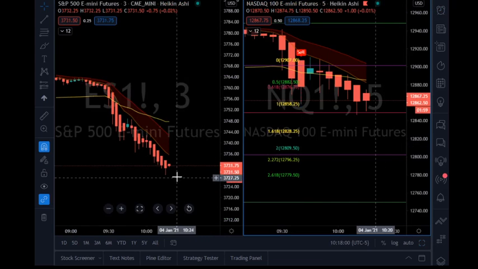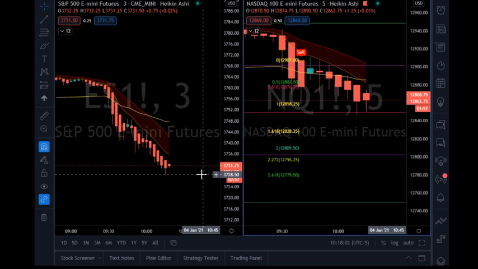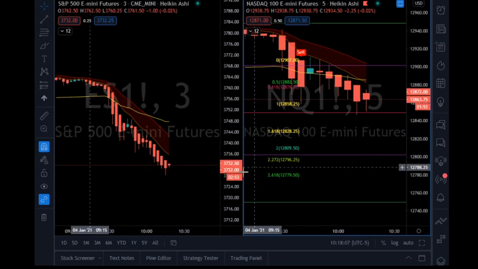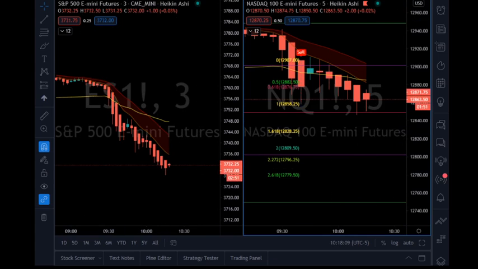Okay, there's a never-ending bearish movement for mini S&P, but let's wait patiently.